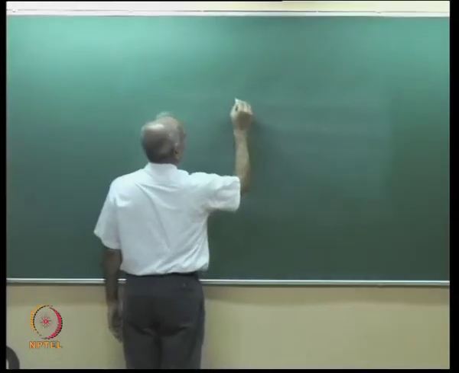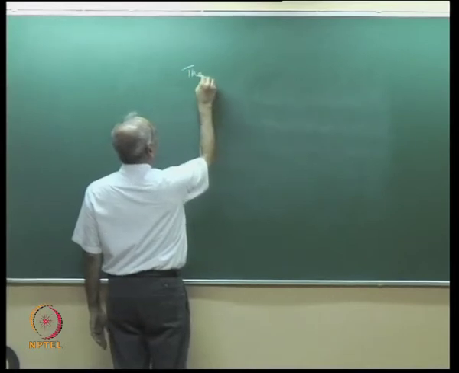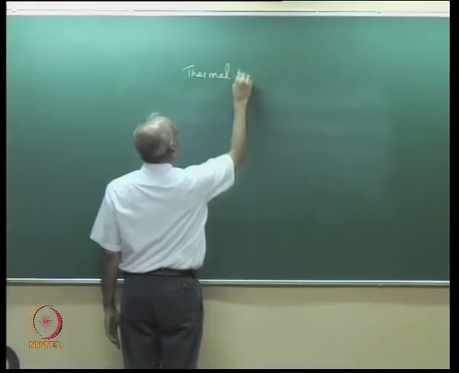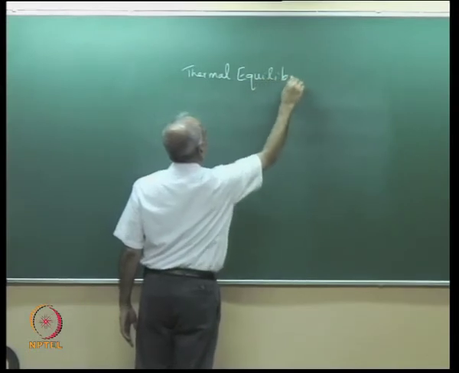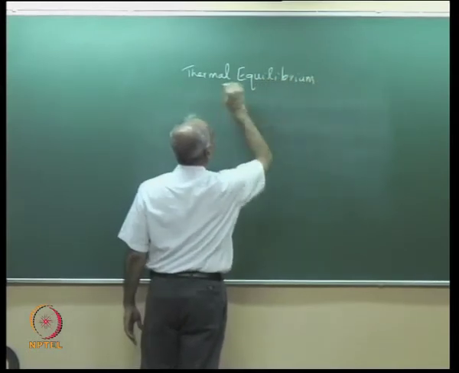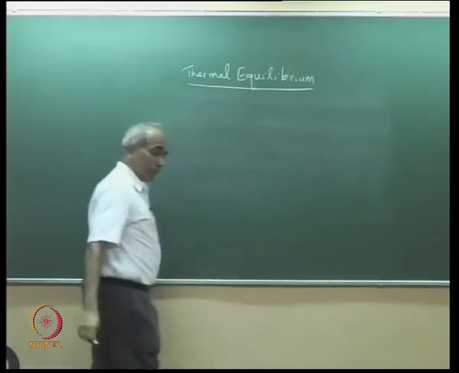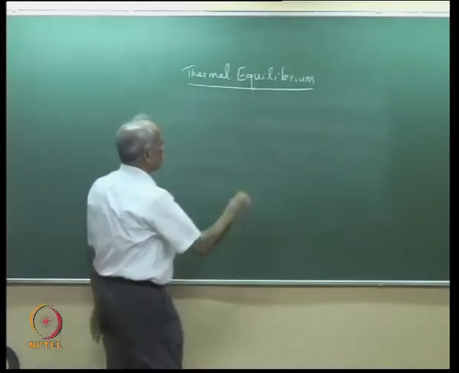So let us first see at thermal equilibrium what are the electronic transition processes in a semiconductor. At thermal equilibrium, it's an equilibrium, it is not static, it is dynamic, but there is an equilibrium.